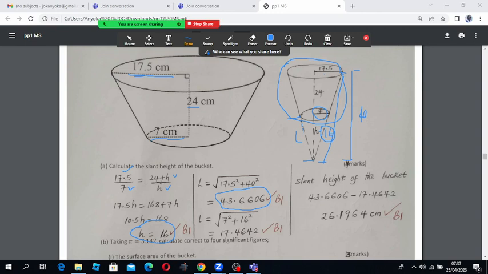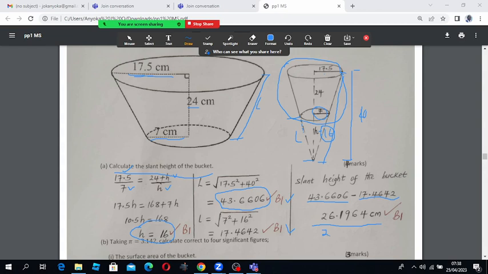So some people stopped at this level, but the question is the slant height of the bucket. So we are interested in getting this slant height of the bucket. The slant height of the bucket will be equal to the slant height of the complete cone minus the slant height of the cone that was cut off, and it gives us 26.2.